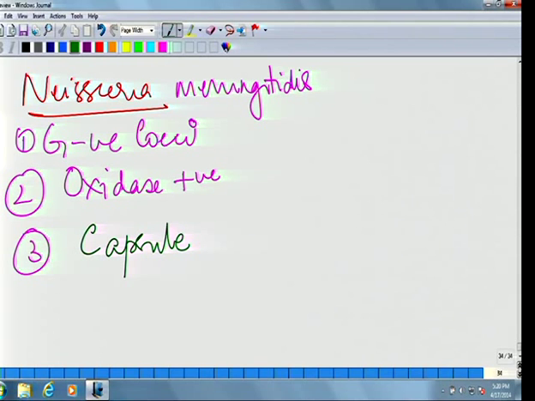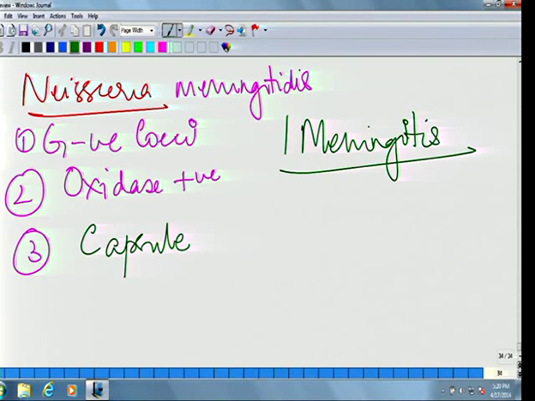So what is the infection caused by Neisseria meningitidis? What is the most common infection caused? Meningitis, community acquired meningitis. Okay, this is the most common cause of meningitis, especially in children and young people. Why?